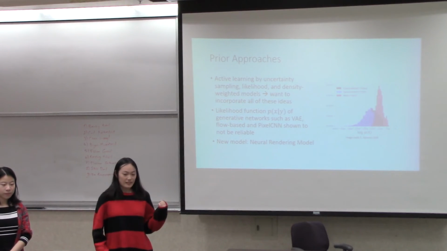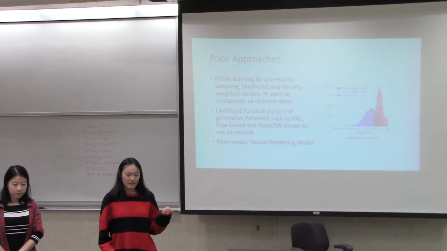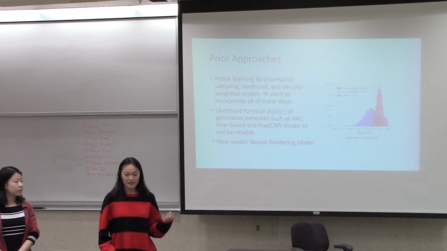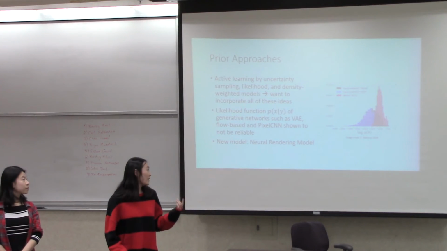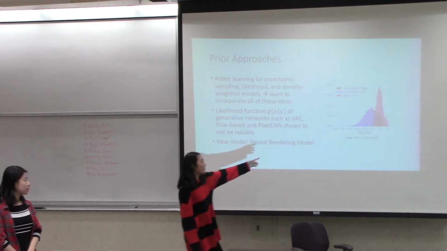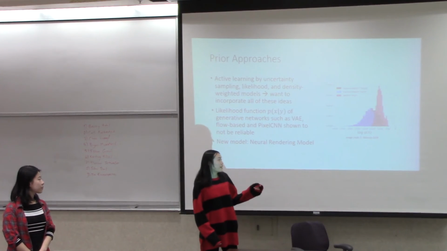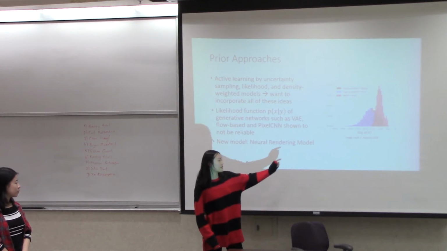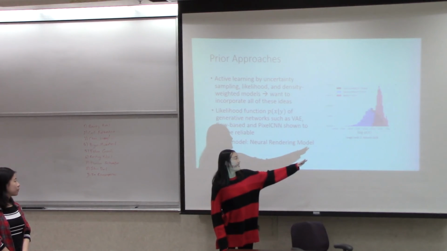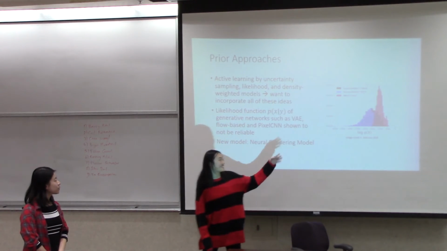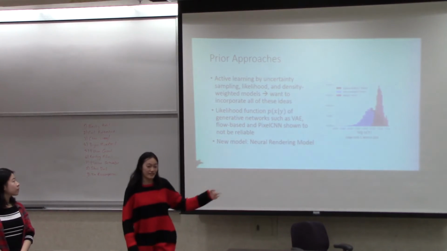We've also seen likelihood functions of generative networks such as the variational autoencoder, flow-based models, and pixel CNN to not be reliable. What I mean by unreliable is that, for example, in this diagram here, when the flow-based model was trained on fashion MNIST, it returned a higher likelihood for the data in MNIST than for both the training and testing data in fashion MNIST.